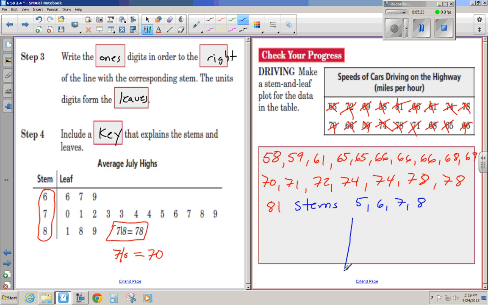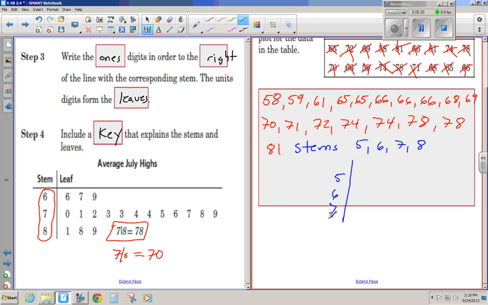So we can draw a vertical line and we can put a 5, 6, 7, 8. We're going to show that this is the stem. These are the leaf part. And now we basically go through this and look at 58.